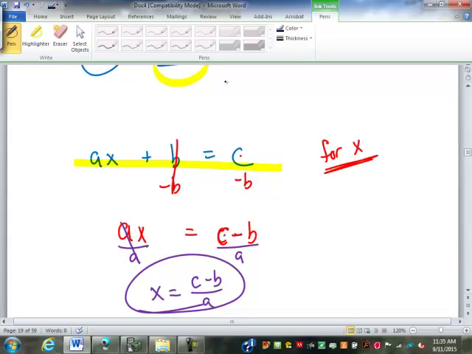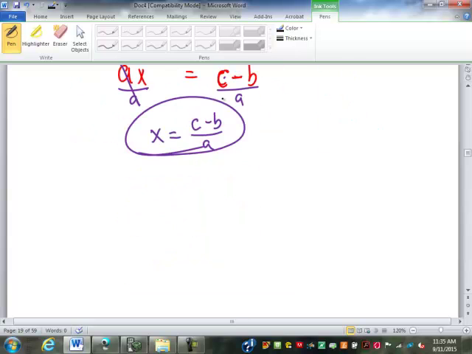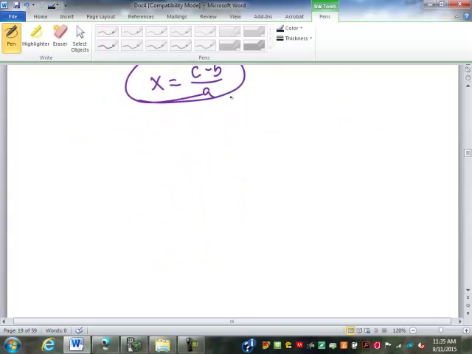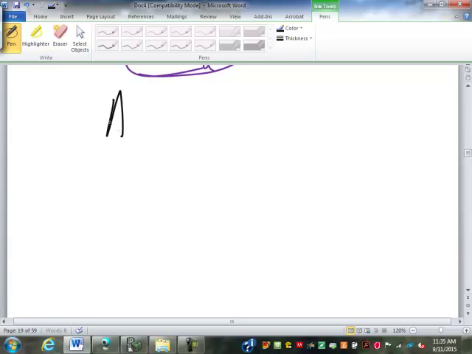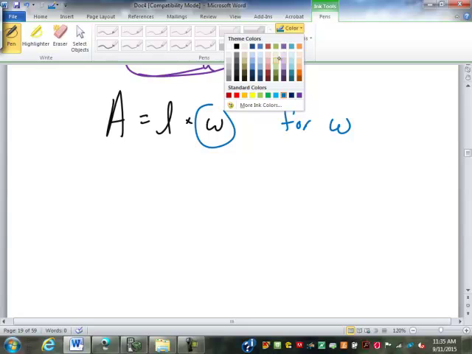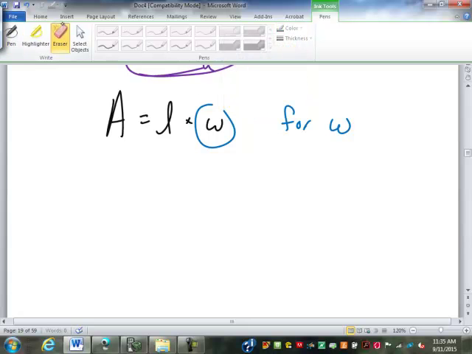Now, most of our formulas are not quite that difficult. For example, we might have area is equal to length times width. You might be asked to solve that for the width. So doing that, first we find the variable we're solving for. Here it's w. And just like with any other equation, we find the equal sign.